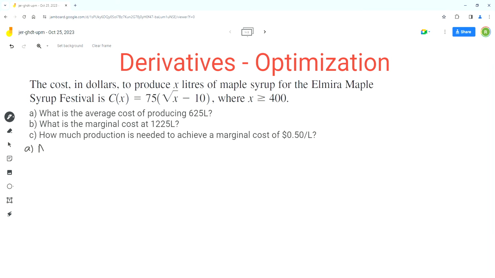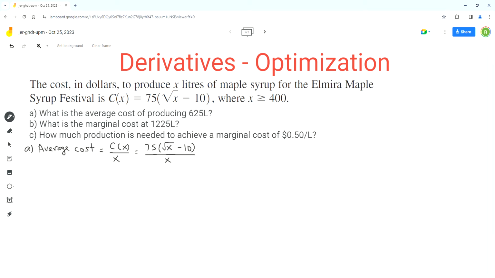So average cost is equal to C(x), the total cost function, divided by x. Now we can use the expression for C(x), which is 75(√x − 10) over x. So this is the expression for average cost.